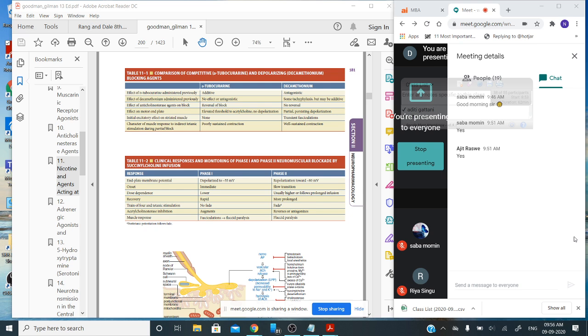Whatever number of actin myosin fibers are there, all are not simultaneously taking part. Suppose there are just 20 actin myosin filaments; at a given time 5 or 6 are contracting, and these are not the same ones. They relax, others contract, like that.